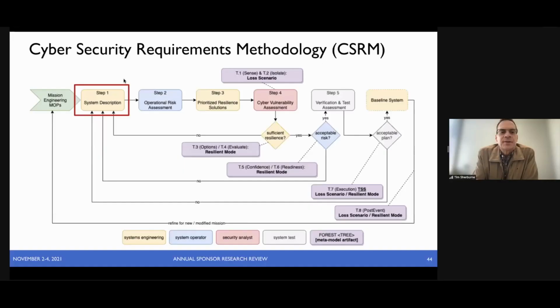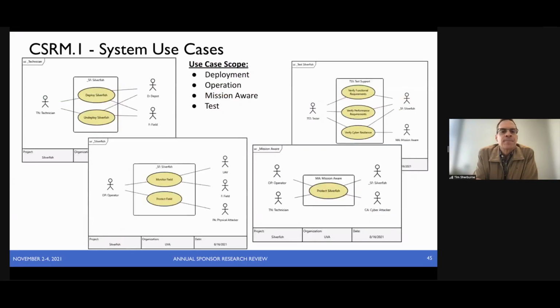So let's get into the initial system description in terms of the MBSE system description for Silverfish. To start with, we have a behavior view. We started with use case views.